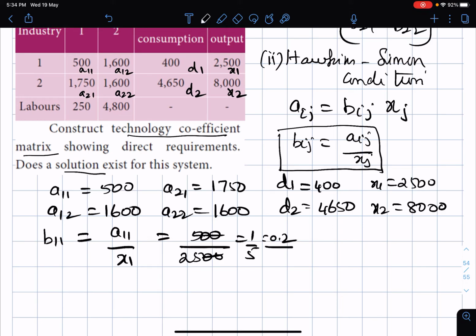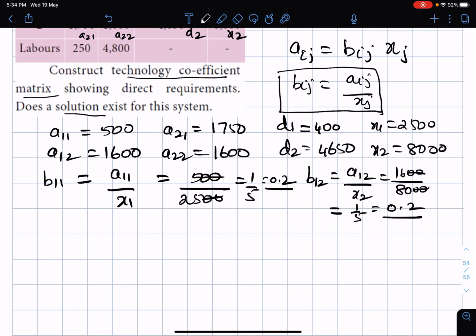So this is B11. Next, B12 is going to be A12 by X2, that is nothing but 1600 by 8000. Cut off the two zeros, and it is going to be 1 by 5, that is again 0.2. So this is our B12.